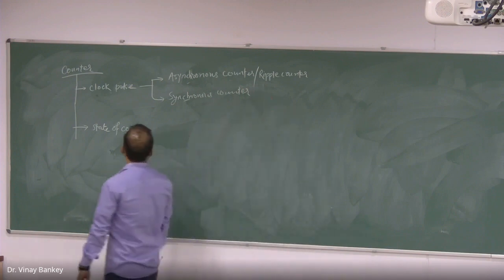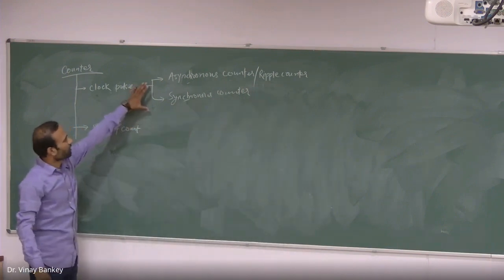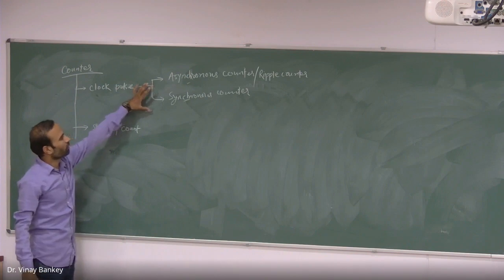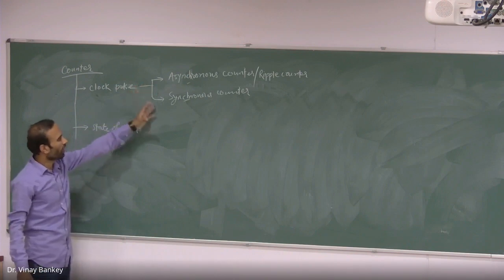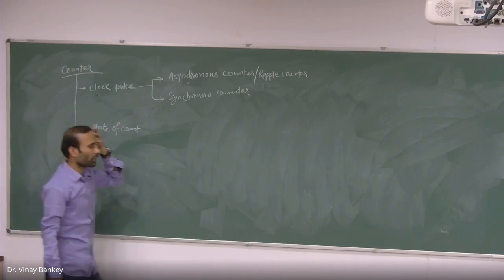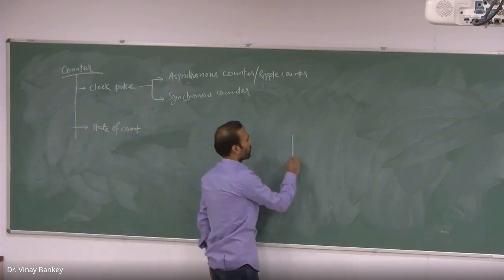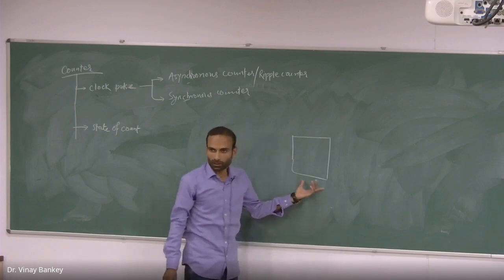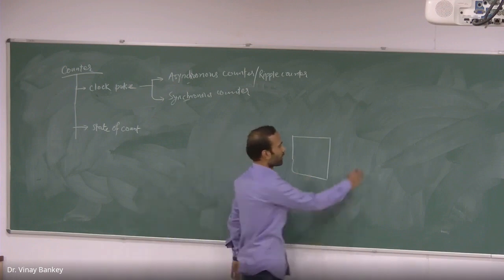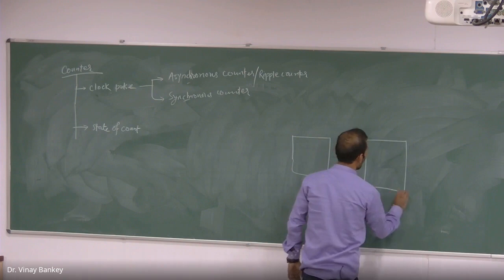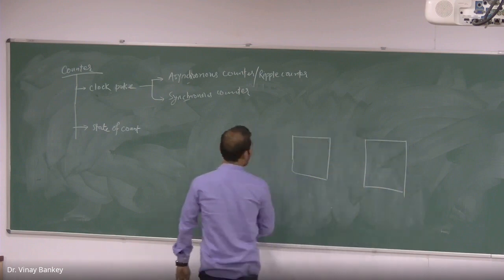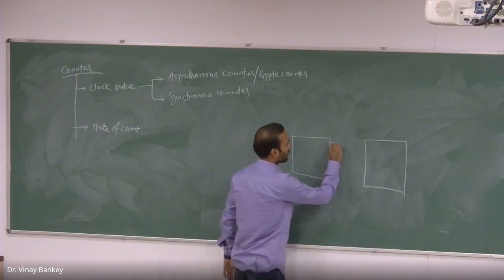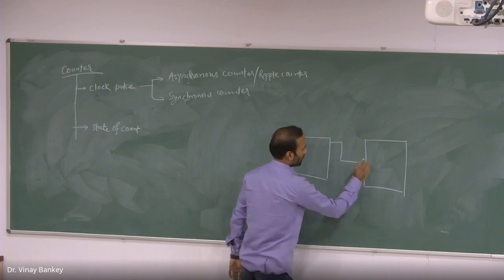And what is the difference between asynchronous counter, or the ripple counter, and synchronous counter? The building block of counter will be the flip-flops. That's why we have studied the flip-flops. Let's suppose we are using two flip-flops. In asynchronous counter, there will be this type of arrangement.